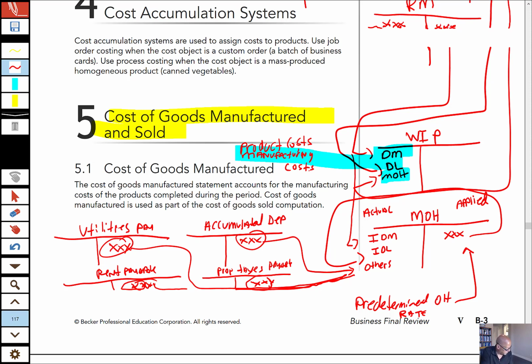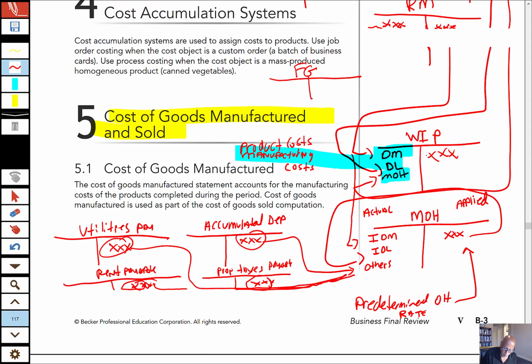Now, what happens as we take those costs out of work in process, as they're finished? FG is finished goods. Finished goods do what? As we finish something, it's no longer in progress.